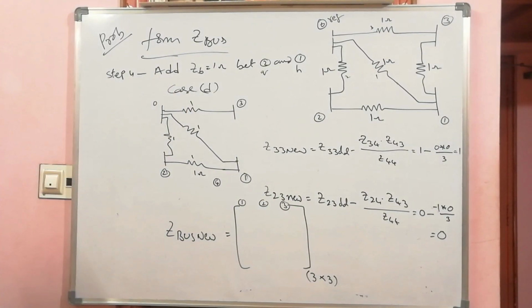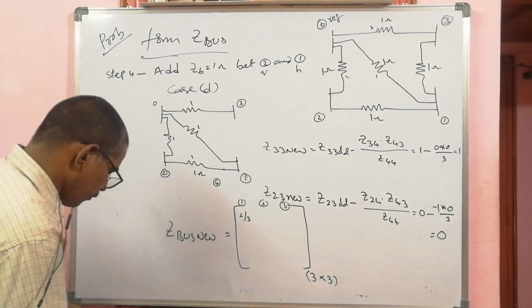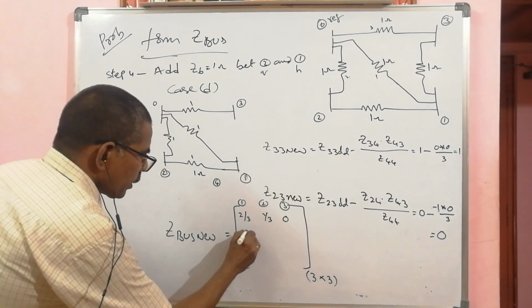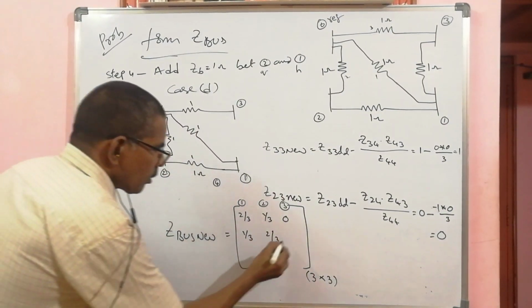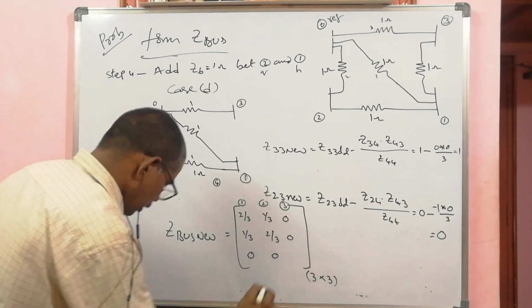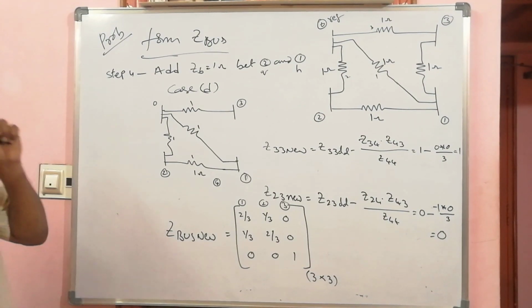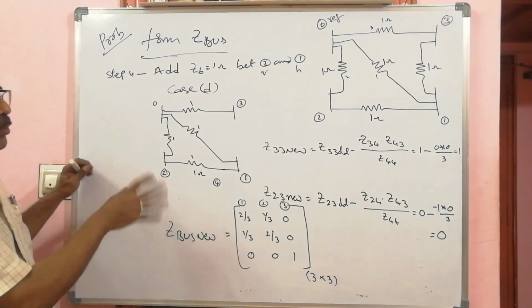So what are those values? 2 by 3, 1 by 3, 0, 1 by 3, 2 by 3, 0, 0, 0, 1. That Z33 new is 1. Okay. So hope the procedure is clear.